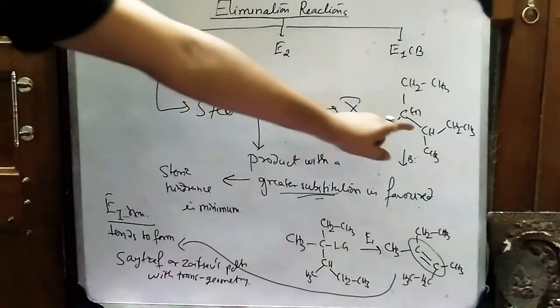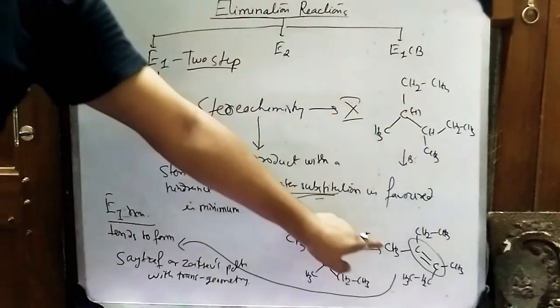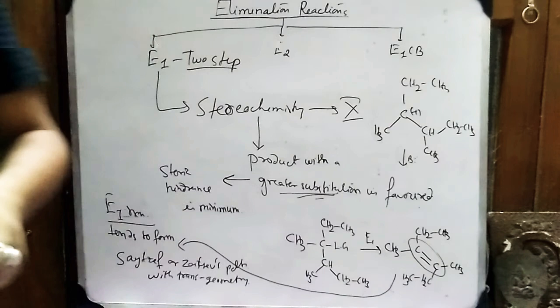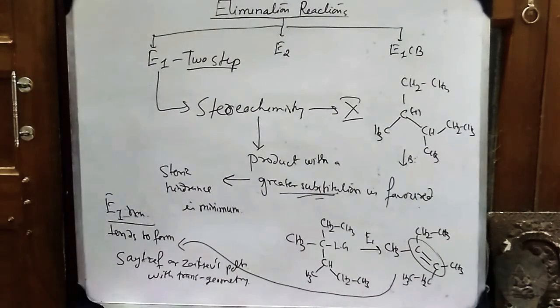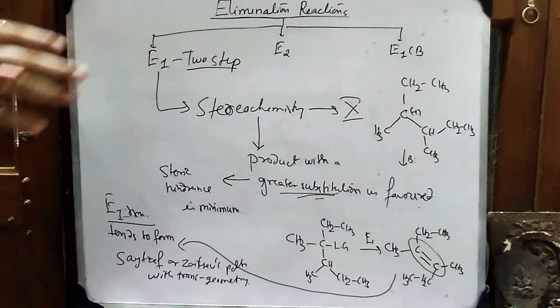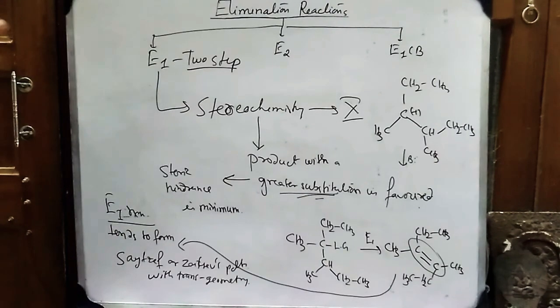But it chooses this hydrogen because a double bond formation here will make it more stable. A more substituted double bond is more stable than an unsubstituted double bond. We will learn about it in our upcoming series, why it is so. But up to here you should know that this is the main thing happening in this elimination reaction.